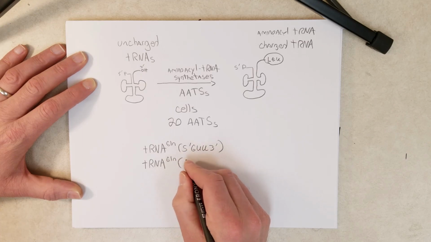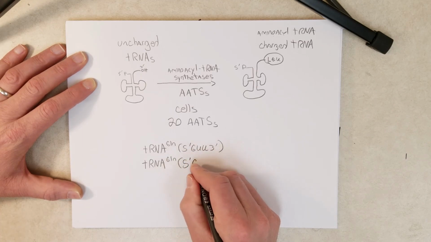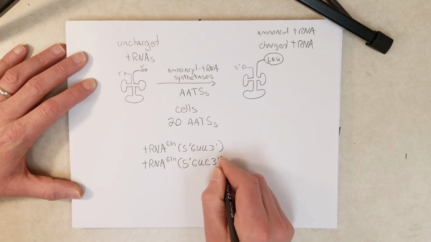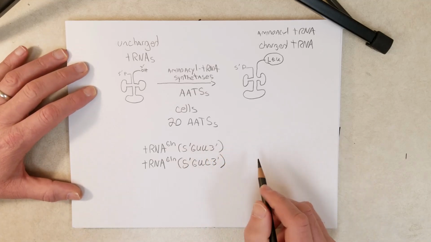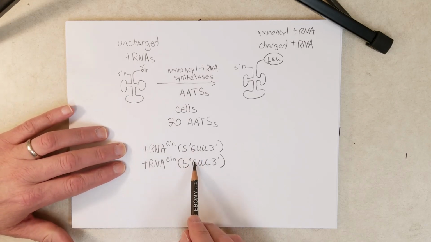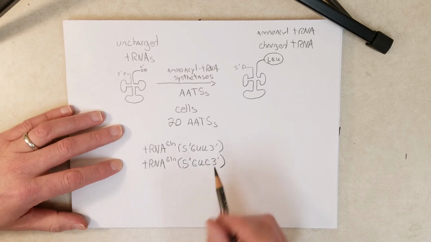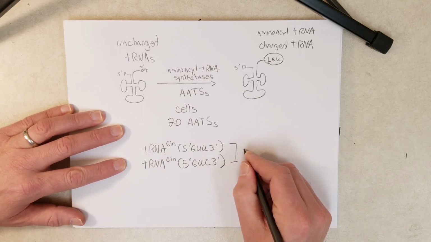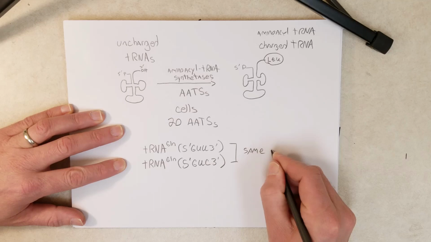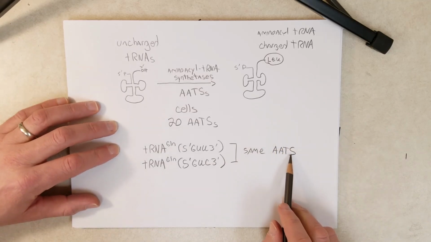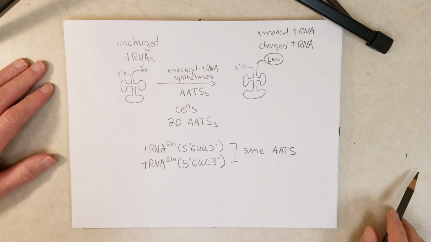There might be others, but we only need to worry about two to illustrate this concept here, that both of these tRNAs that bind glutamine, they're both charged by the same AATS, the AATS that binds glutamine to tRNAs.